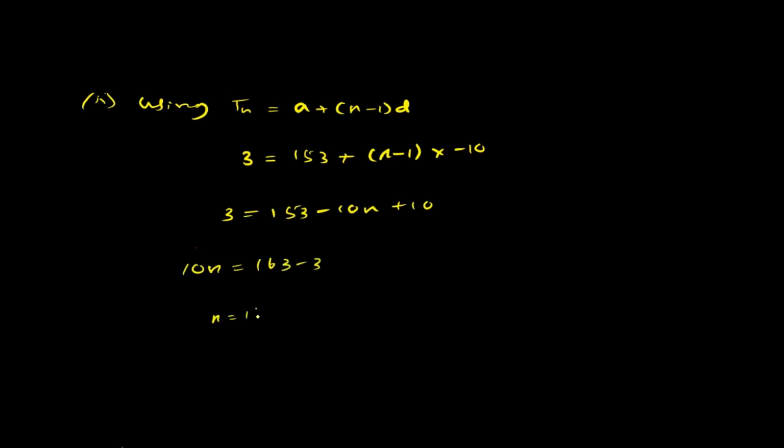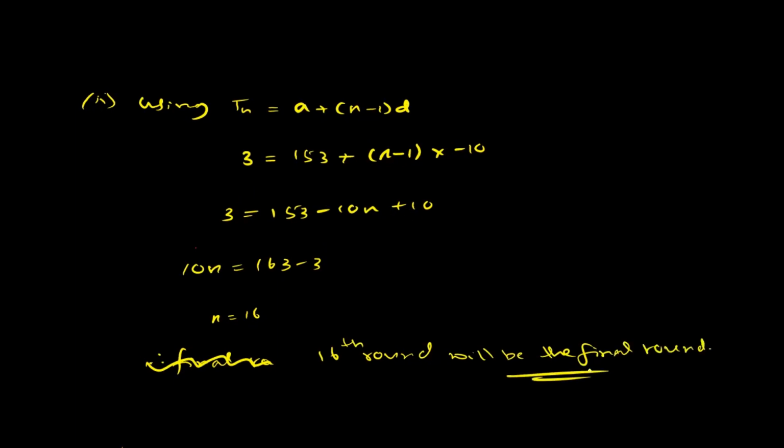So n equals 16, which means the 16th round will be the final round. Okay, so that's how you have to do it. All right, so this question on arithmetic progression is not hard.